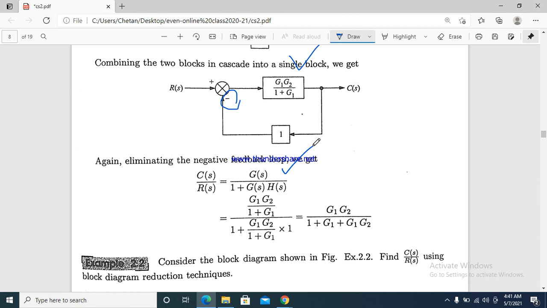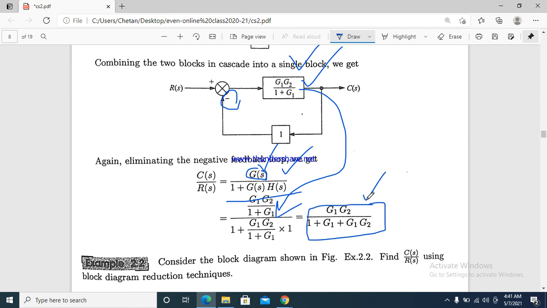So the expression is G(s) divided by 1 plus G(s) into H(s), and you should see what your G(s) is. G(s) is this value. Wherever you have G(s), write down this value. Then simplify this, and this is your final simplified answer. This is equal to your transfer function C(s) divided by R(s).